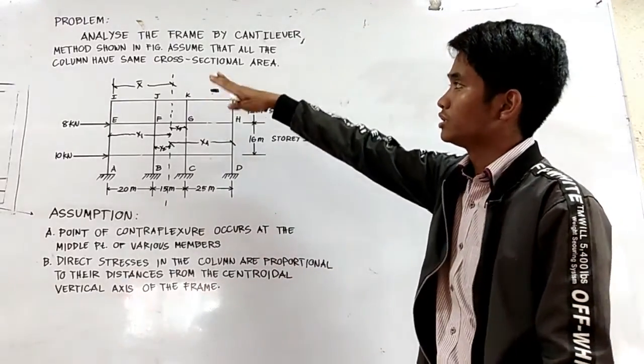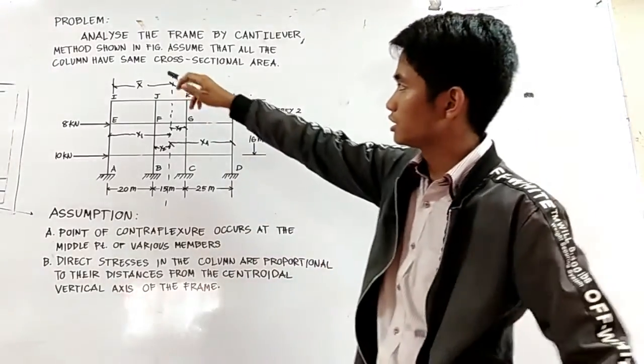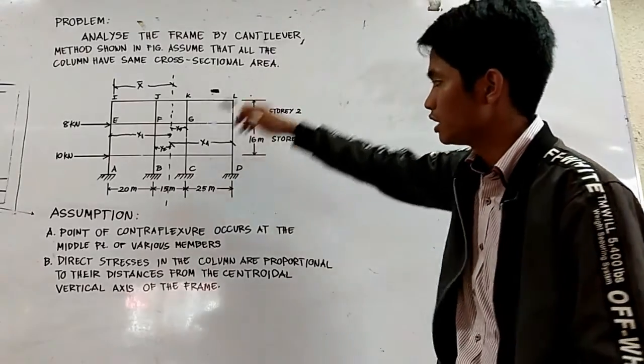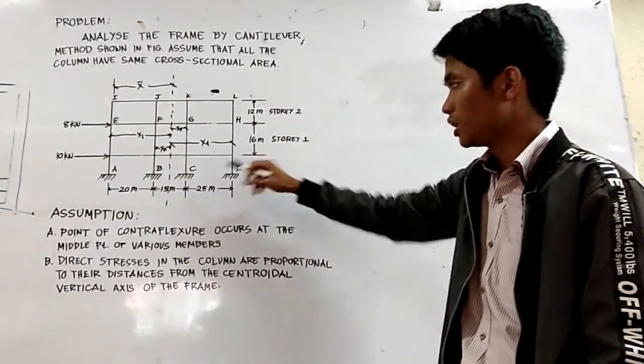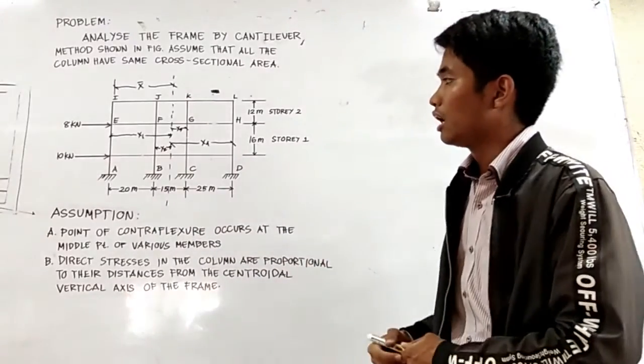As we can see in the problem, it tells us the same cross-sectional area, therefore we can assume all the supports are the same.